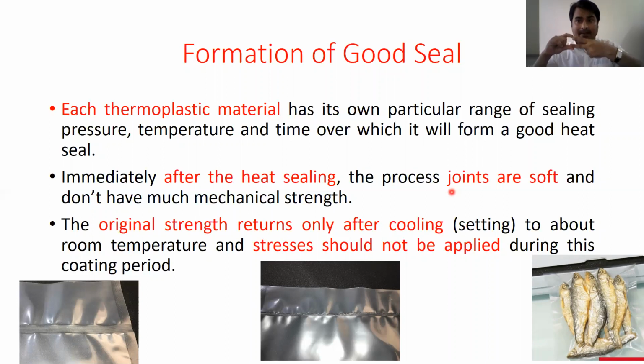This packaging material will melt, and it will be very soft if we are removing the heating process. At that time, because we have applied the heat for the melting and fusion process or joining process, the mechanical strength of the packaging film will be less or weak.